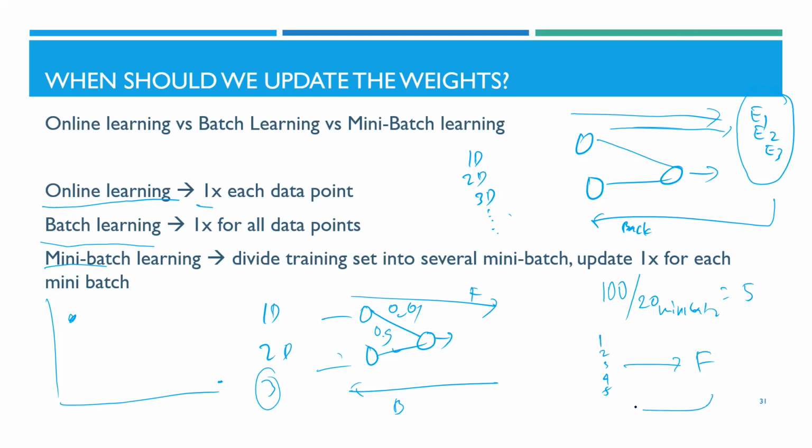Then we do backward and update the weights. Then we continue with the second mini batch, data 6, 7, 8, 9, 10, do forward, and then backward. So for each mini batch, we update one time.